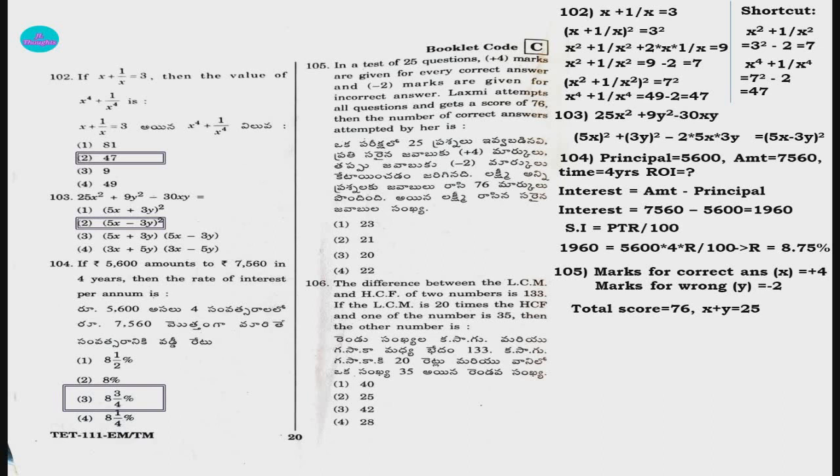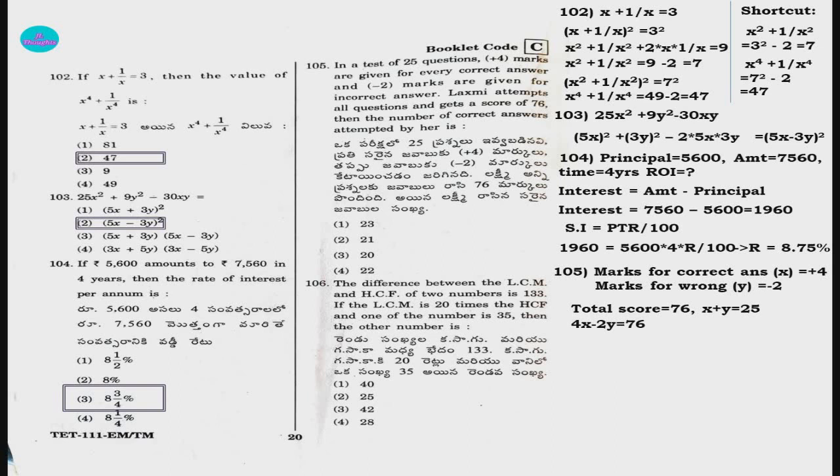So x plus y, total number of questions, how many did they say? 25 questions are there. That is x correct answers, y wrong answers. Totally it should be equal to 25. So x plus y is equal to 25. So for every correct answer you are giving 4 marks, so 4x. For every wrong answer, y is wrong answers, we are removing 2 marks.